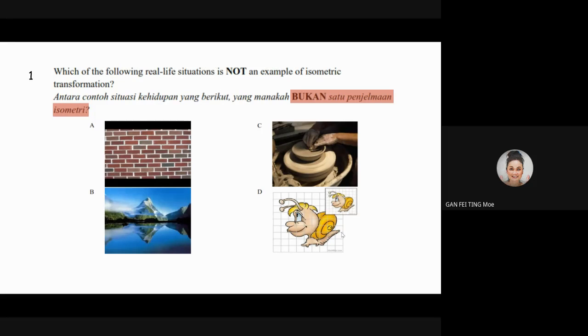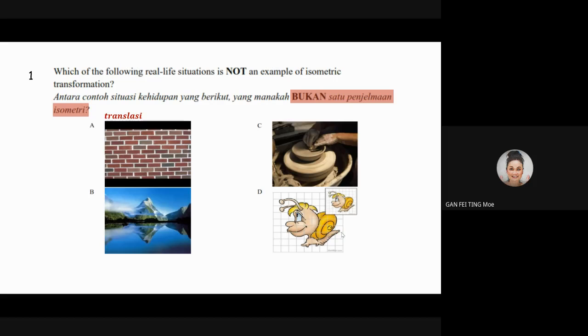But let's say in the exam you do not know what isometric is. Then you choose the correct answer from the given A, B, C, D. Okay, let's look into that. In the one where the bricks are arranged one after another, it's like one piece of brick being transferred to another position.